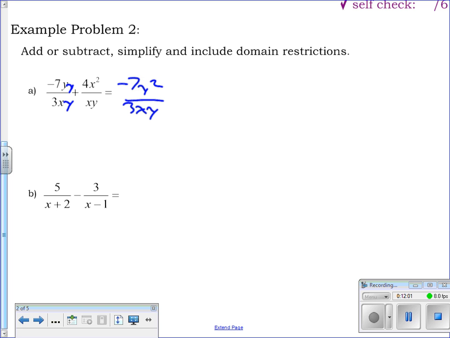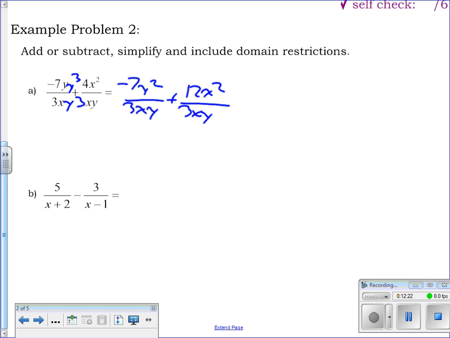And then I do the same thing in reverse. What's in the denominator of the first one that's not in the second? 3. So I have to multiply by 3 and by 3. So I get plus 12x squared over 3xy.